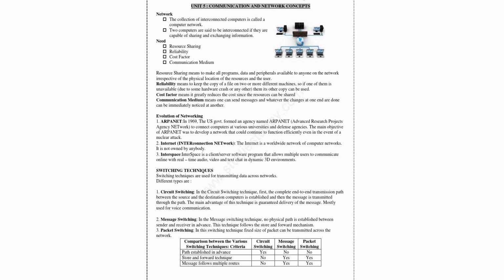Reliability means to keep a copy of a file on two or more different machines, so if one of them is unavailable, then its copy can be used. And cost factor, as I told you, reduces the cost. And communication means changes are immediately noticed from one end to another.